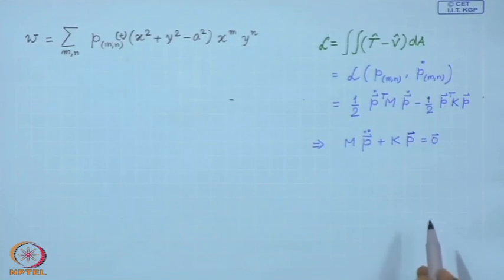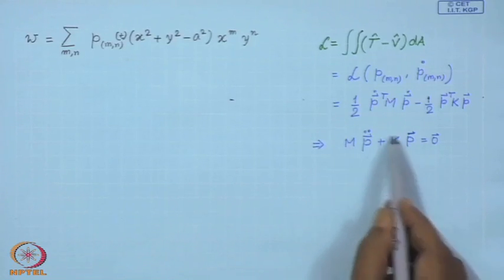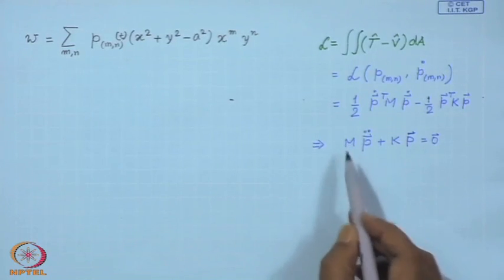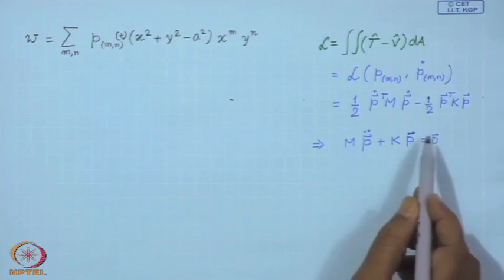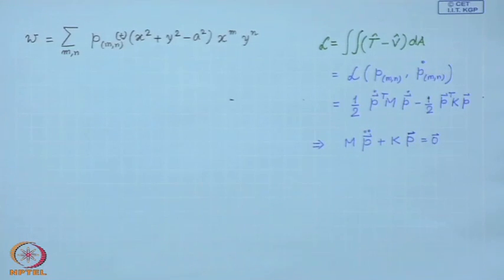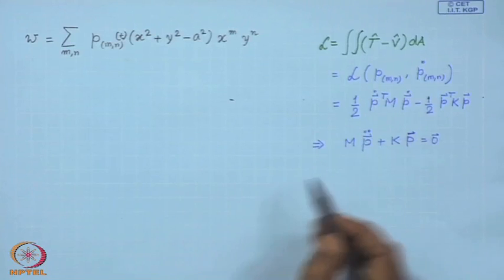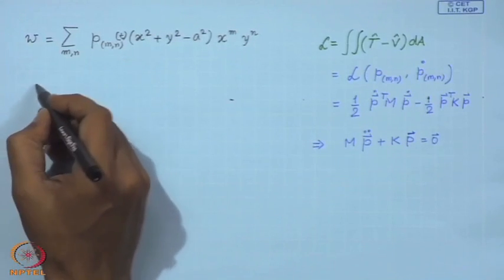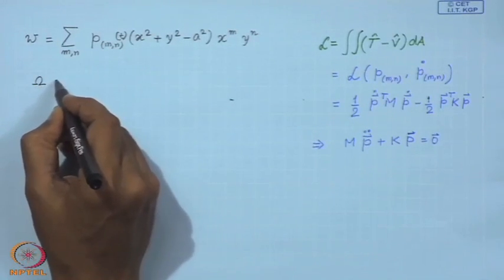That is straightforward. These are the mass and the stiffness matrices of the discrete problem.